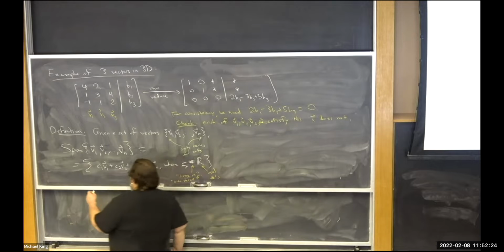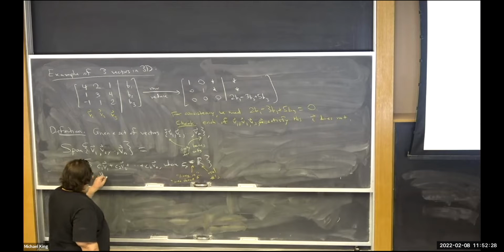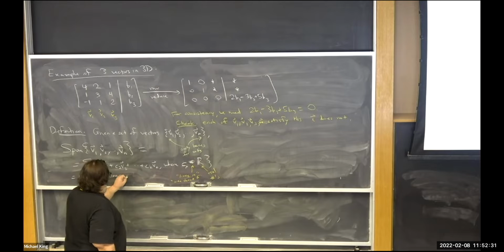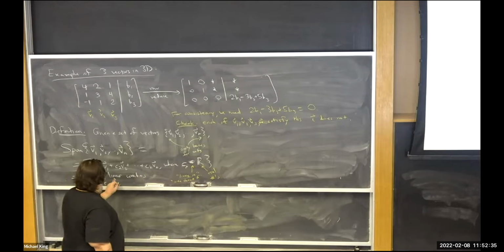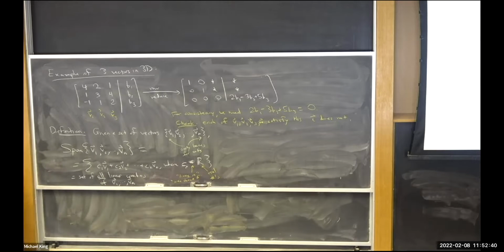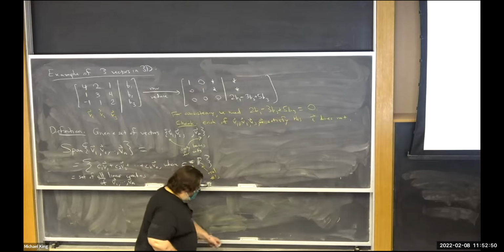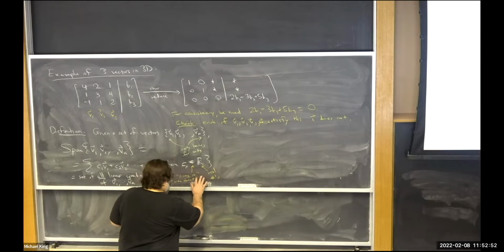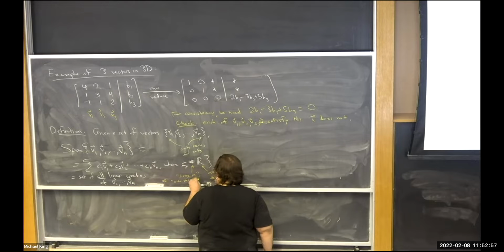Maybe I should say in words, it's the set of all linear combinations of the given vectors. Handwriting is deteriorating. Sorry, it lives in, or is an element of. That's just what this notation means.